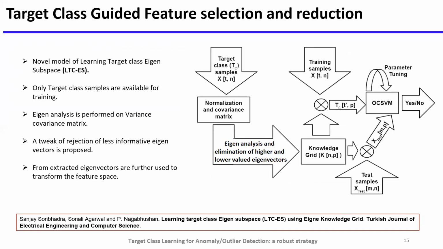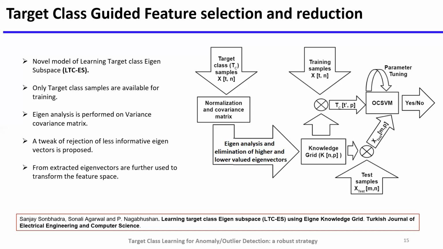Okay. And in the same concept, suppose we want to transform the features from the higher dimension to the lower dimension, the extraction of the most promising eigenvectors of the covariance matrix is very important. Once you know via some rule that these eigenvectors are most promising compared to the others, compared to the higher valued and the lower valued eigenvectors, those eigenvectors may be used to transform the higher dimensional samples to the lower dimension.